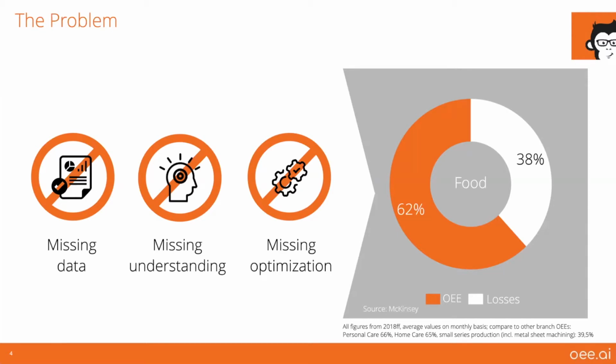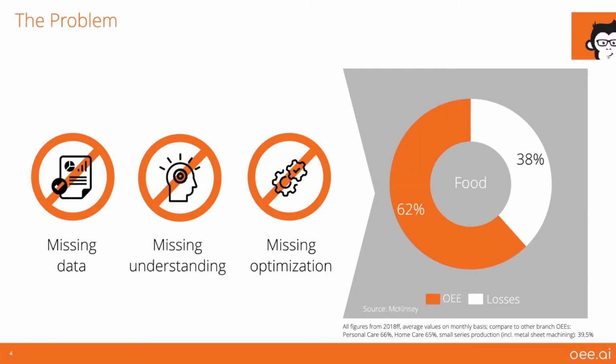We find manipulated problems, we find employees that try to make the machine look better and all those things. So we have missing data that really hurt us. Due to this missing data, we have a missing understanding. If we don't really know why the machine was stopping, so we don't know the real reason, we cannot do something against it. And this is why it's really hard to optimize my machines.